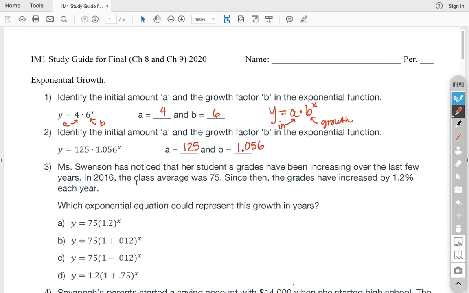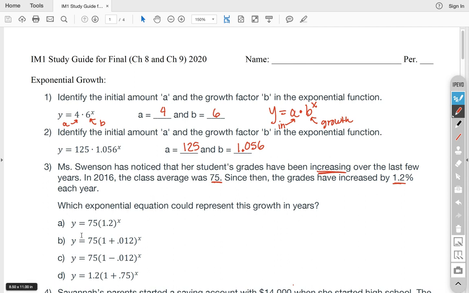Number 3, Ms. Swenson has noticed her students' grades have been increasing. Over the last few years, in 2016, the class average was 75. Since then, the grades have increased by 1.2% each year. Which exponential equation could represent the growth in years? Remember, it's 1 plus the rate because we're increasing.